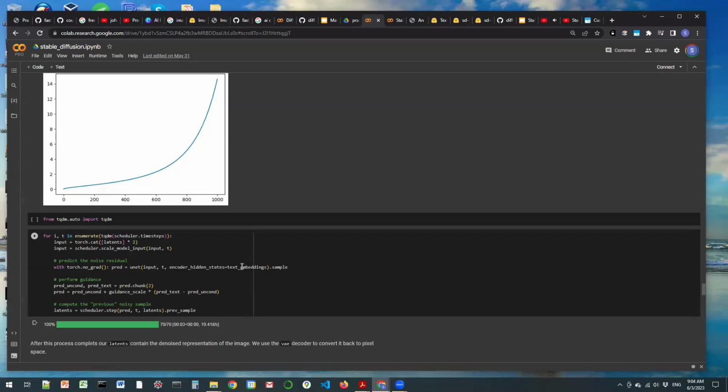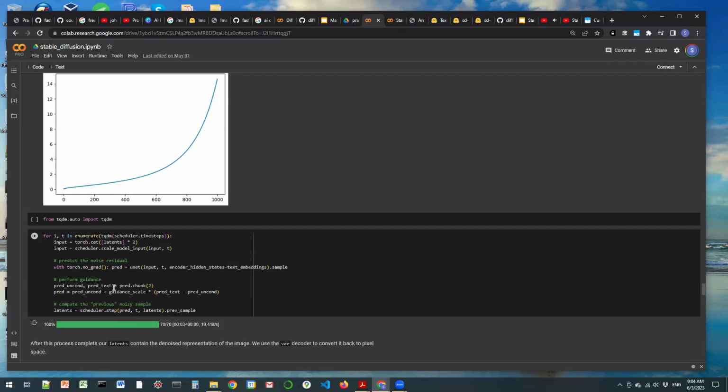So this would be the 77 by 768. We'll see in the next notebook that actually we combine positional embedding and text embeddings, as is often done if you're familiar with language models. That happens, but it's not mentioned here for simplicity, but you'll see that in the next notebook. And we get this output from the unit and then we sample from that.